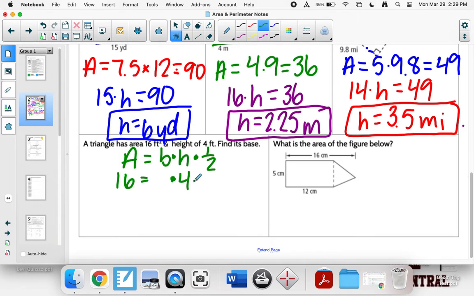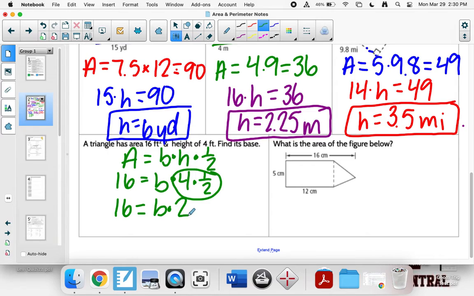4. Do we know the base? No. No, that's what we're looking for. So let's simplify this. What is a half of 4? 2. So when we simplify, we have 16 equals base times 2. So how do I figure out how much my base is? Divide by 2.